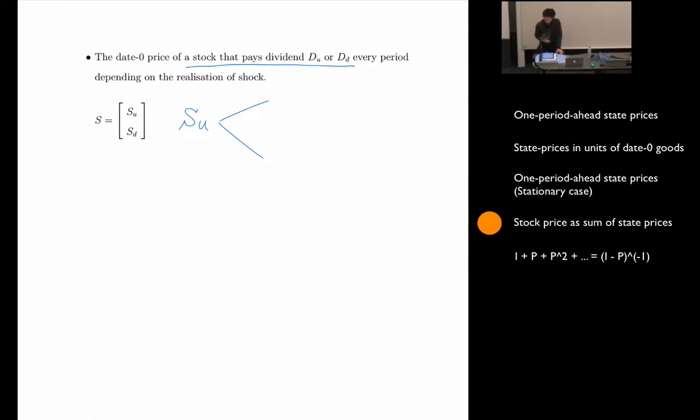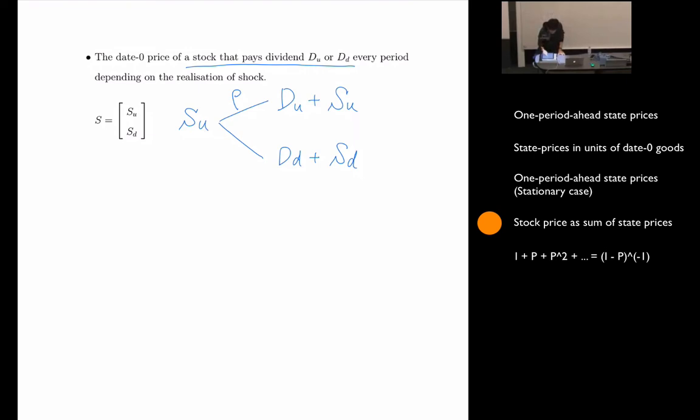Next period, the economy can go up or go down. If the economy goes up, you will immediately get dividends DU. The stock price will be again SU, and the reason is because nothing will change. At date 0, state is U. Or at date 1, state is U. The future is the same. Okay? If the economy goes down in the next period, you will get DD units of dividends, and the price of the stock will be SD.